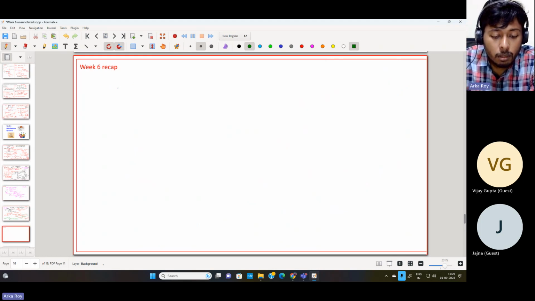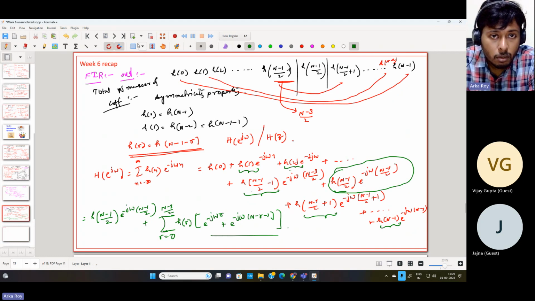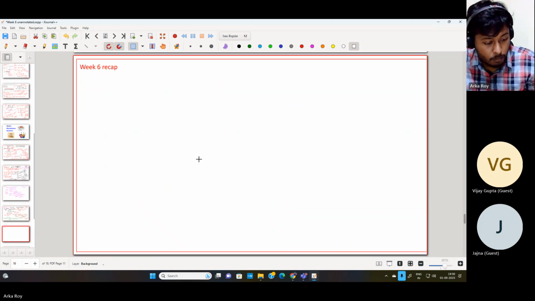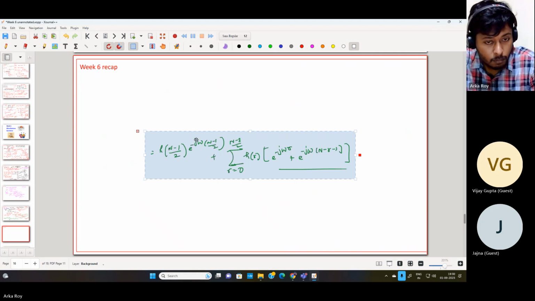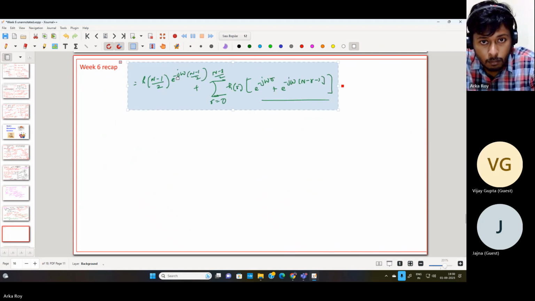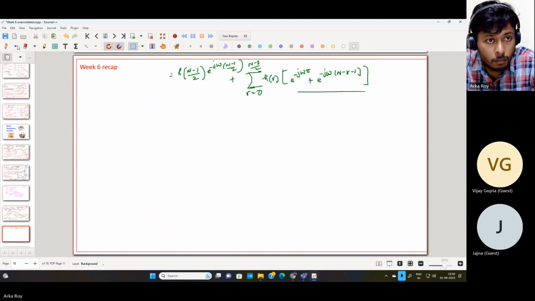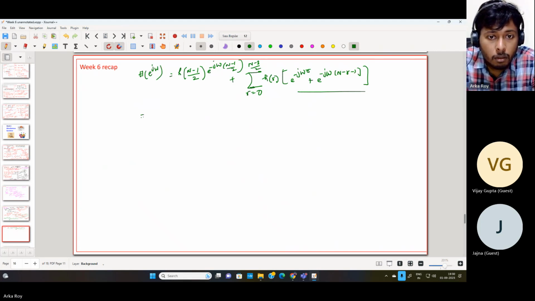Now, if you solve this particular equation, let me just copy this. So this is H of e to the power j omega, equal to h of n minus 1 upon 2 e to the power minus j omega n minus 1 upon 2.